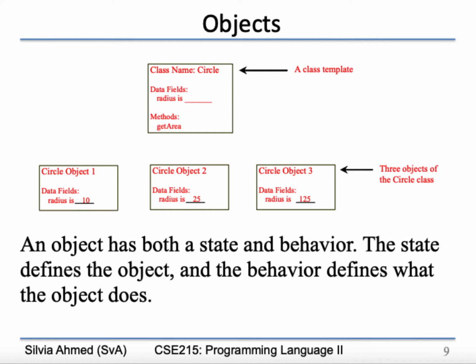So for code reuse, we can write this general description of a circle in one place. That means a circle will have a radius as a data field and a getArea method, and that common code will be called a class.